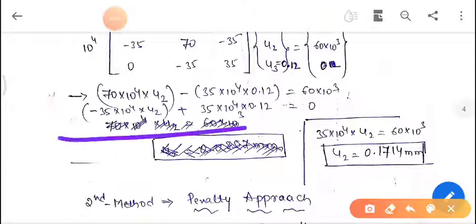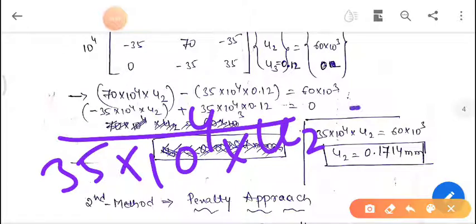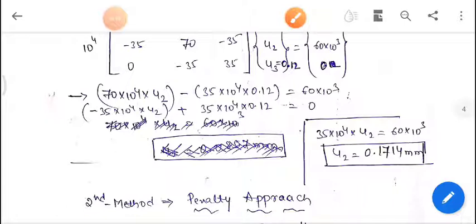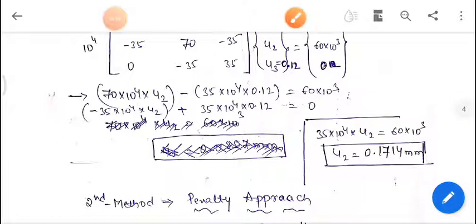If these two get cancelled, we are left with 70 minus 35. 70 minus 35 gives 35, so we get 35 into 10 raised to 4 into u2, which is equal to 60 into 10 raised to 3. If you simplify this, we get u2 equal to 0.1714 mm. I hope it is clearly understood. This is how we can apply the elimination method of boundary condition.